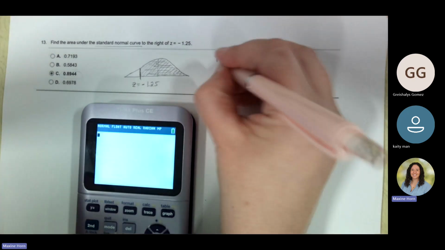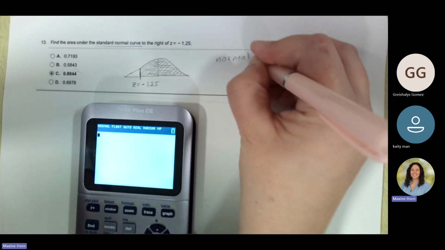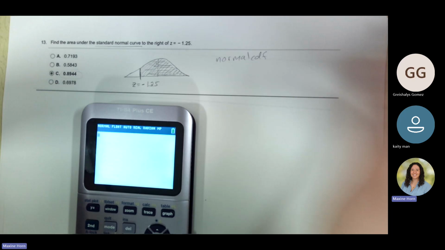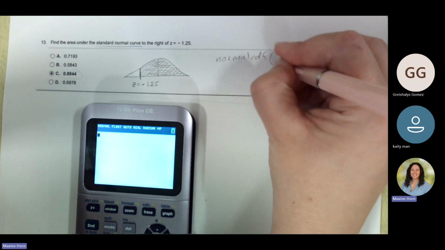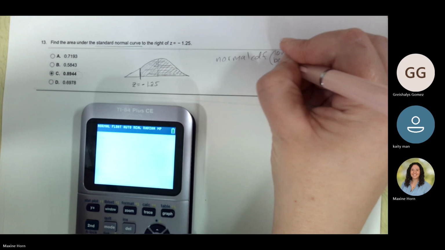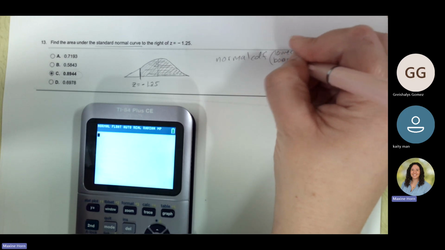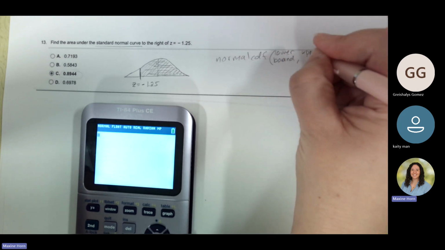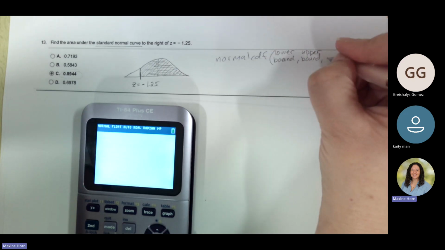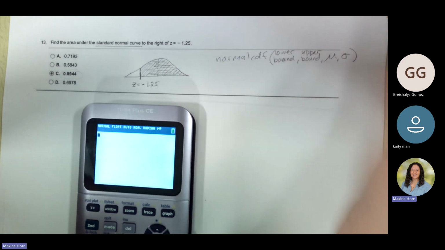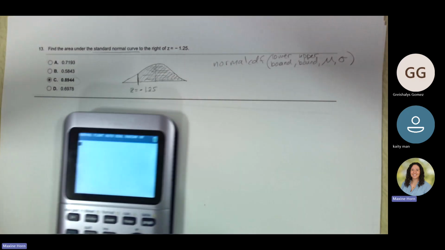So again, this is normal CDF. I never leave myself enough room when I write this out. We have a lower bound, an upper bound, our mean, and our standard deviation. Okay.